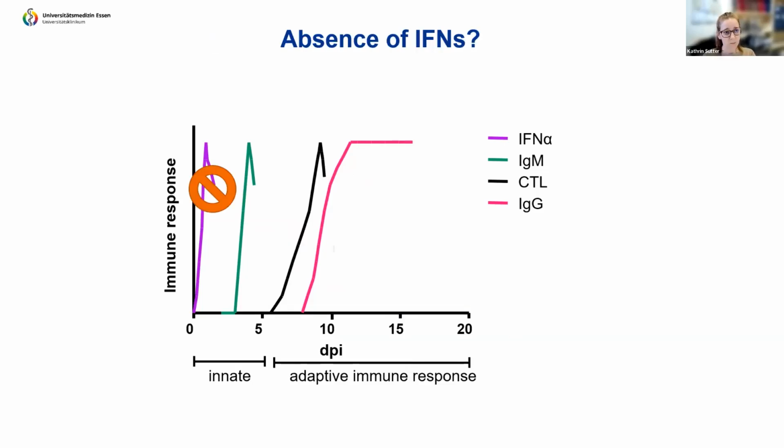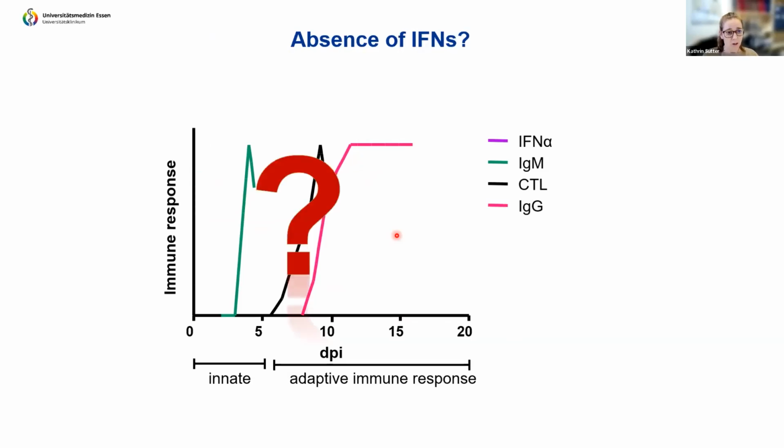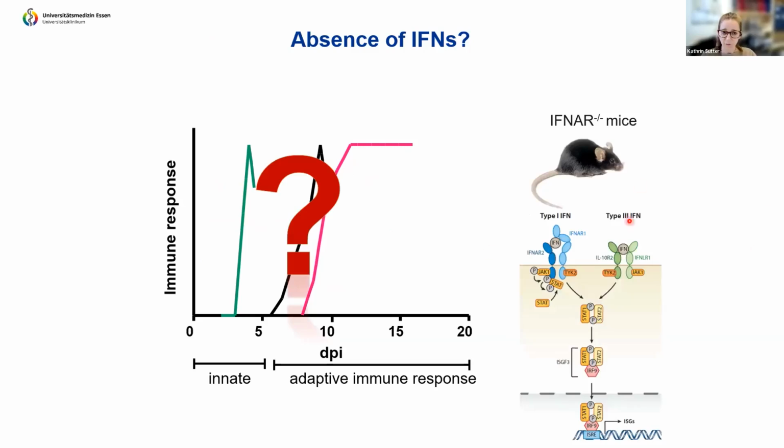So the question is, what happens when we take away the interferon response? If the interferon is not efficiently induced, or the downstream signaling is completely abolished, what happens? For this, there's a mouse available. This is called the IFNAR knockout mouse model, where the mouse does not express IFNAR1, one part of the receptor on the surface.